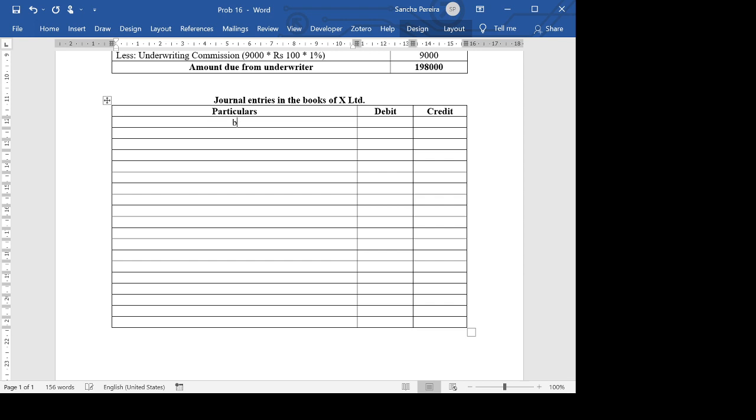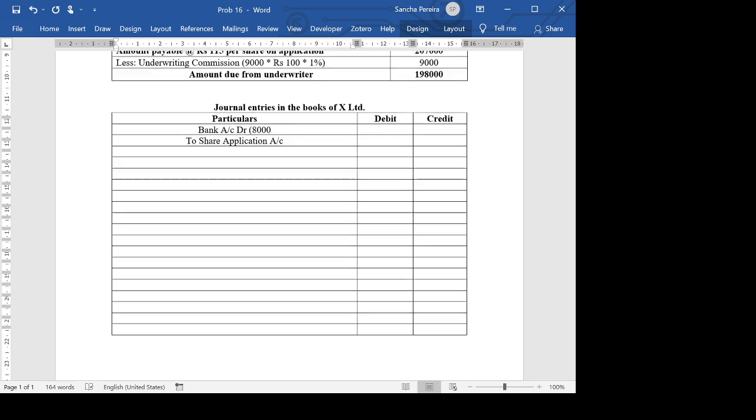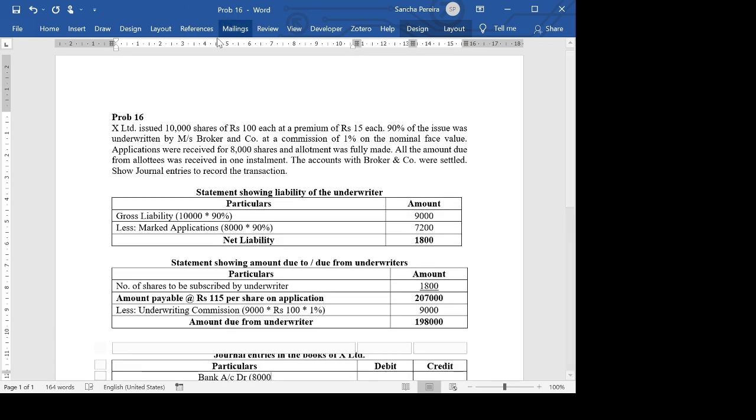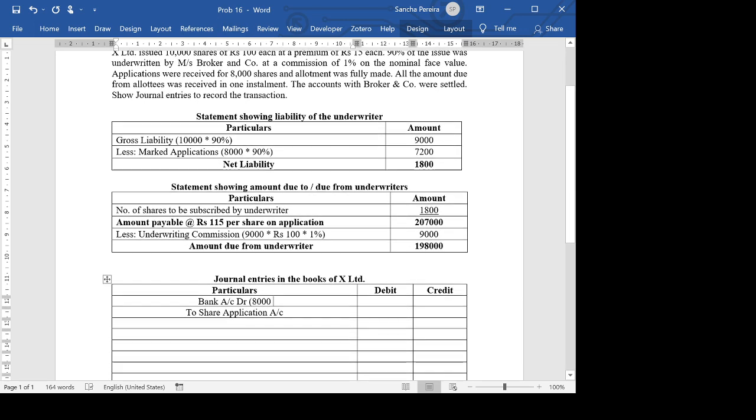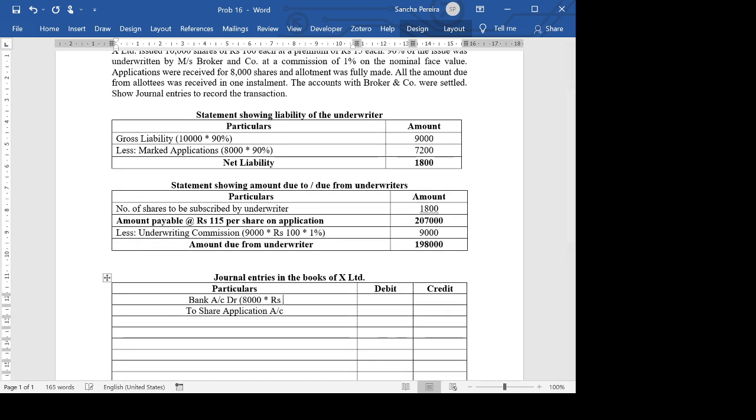Now, the first thing is the receipt of the application money, bank account debit to share application account. And here we have 8,000 applications that have been received, correct? 8,000 into rupees 115 comes to 9 lakh 20,000.